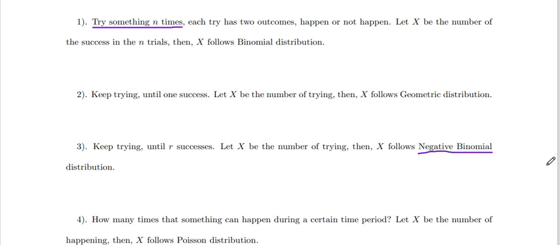The Poisson distribution also has many applications. For example, suppose we want to know how many car accidents will happen in 1 week. This number can be 0, no car accident, or one car accident, or two, or three, within a fixed time period.